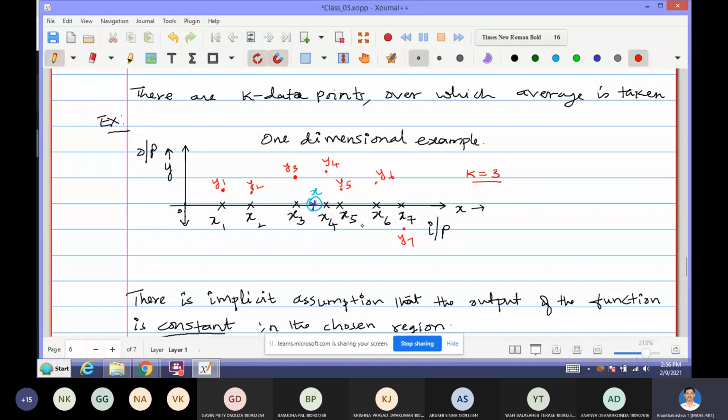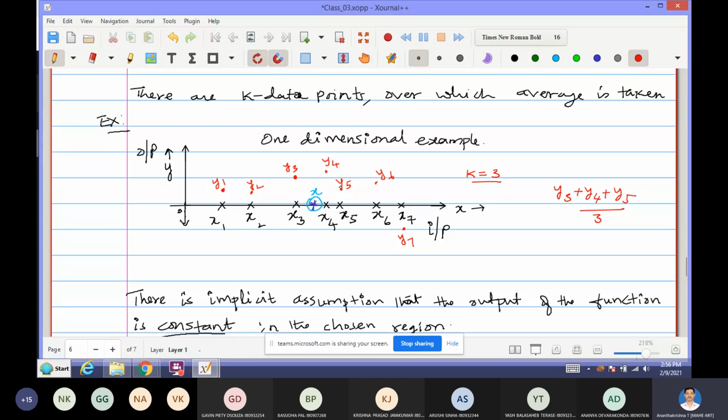In this example, x3, x4, and x5 are the three nearest neighbors of x, and the corresponding outputs are y3, y4, and y5. So what we do here is consider the average, that is y3 plus y4 plus y5 divided by 3, is it not?